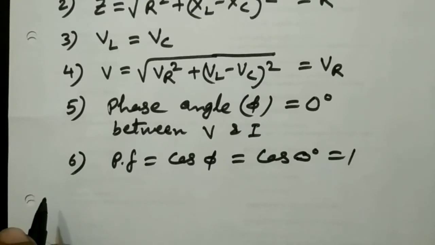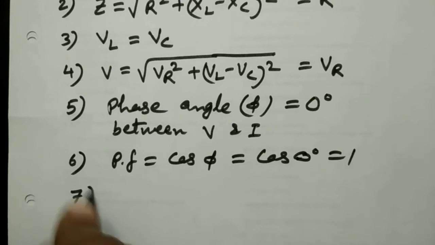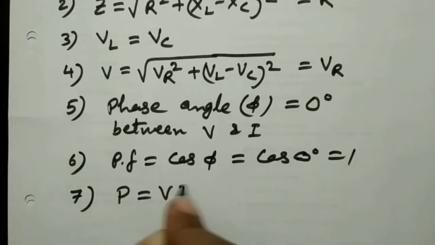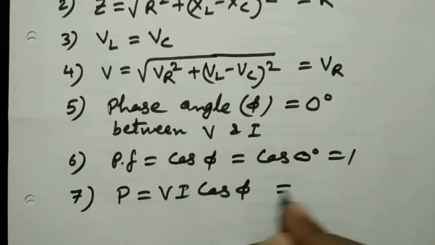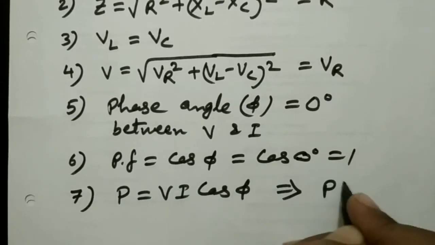And in this case, the power of the circuit, the active power, is VI cos phi. Here the power will be the maximum.